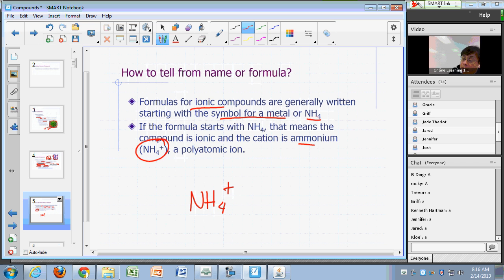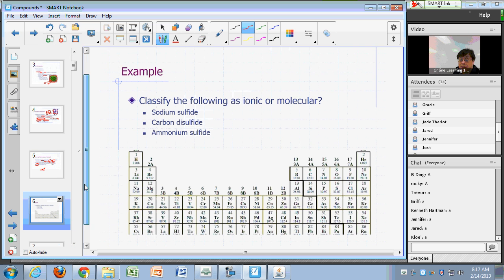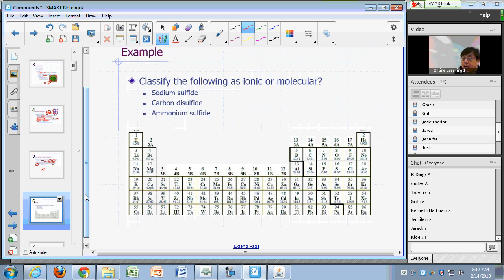So if you see a metal in the formula or NH4 in the formula, you're dealing with an ionic compound. Otherwise, you're dealing with a molecular compound. Let's illustrate that. Let's classify the following as ionic or molecular. Sodium sulfide. Well, you see sodium, so that's a metal.